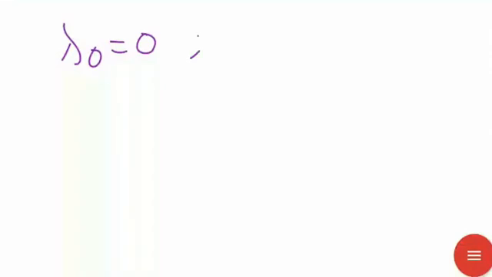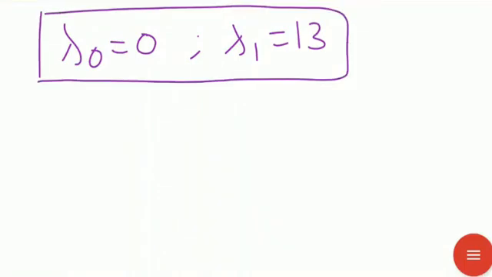Then you can get two values for lambda k: one is lambda 0, another one is lambda 1, as 0 and 13.